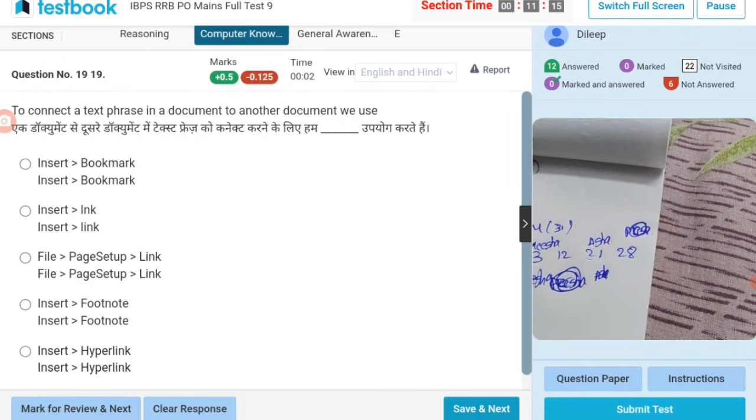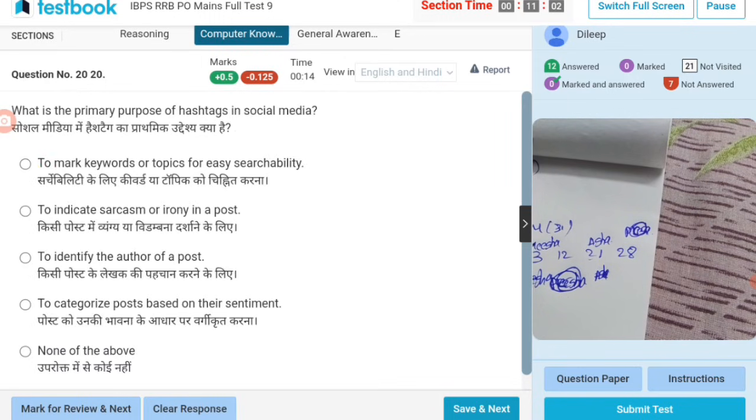To connect a text phrase in a document to another document, we use insert plus link, I think. What is the primary purpose of hashtags in social media?